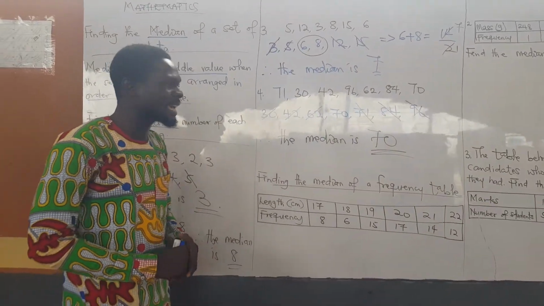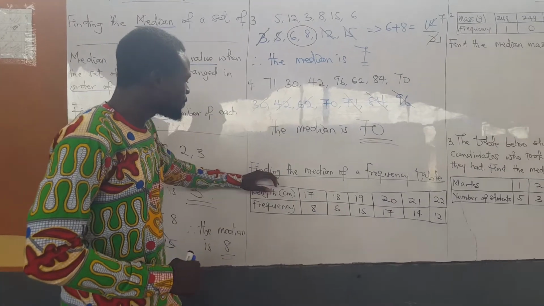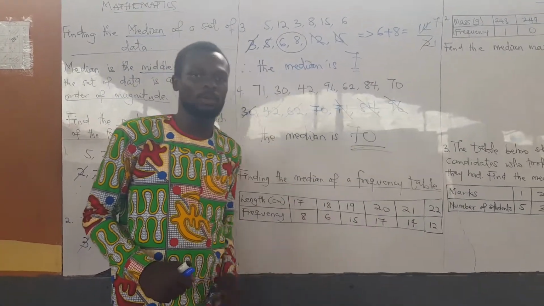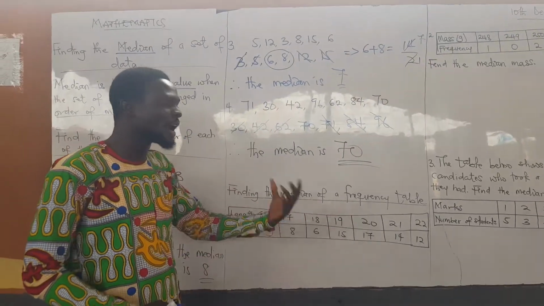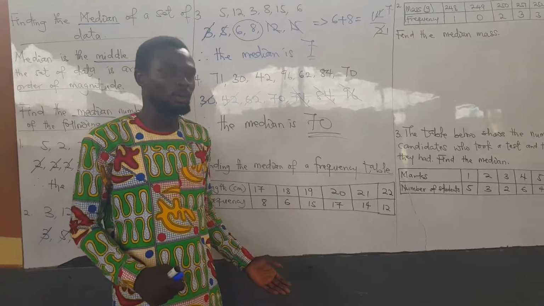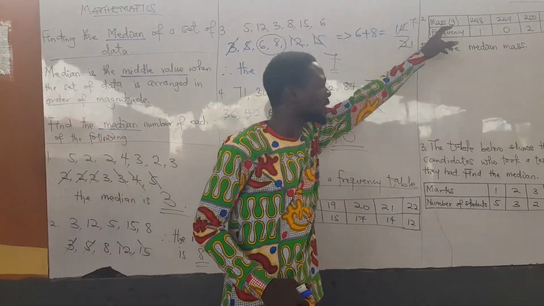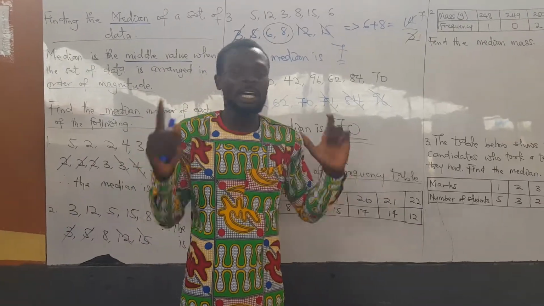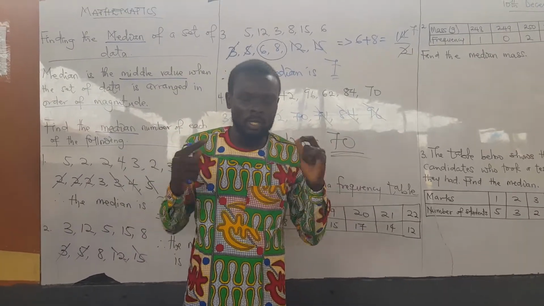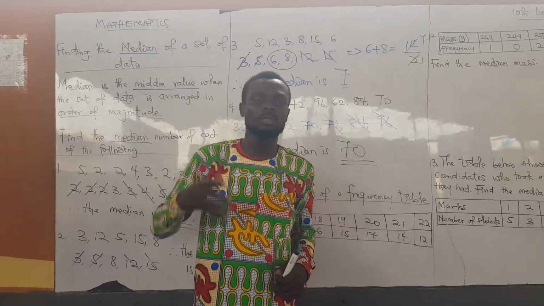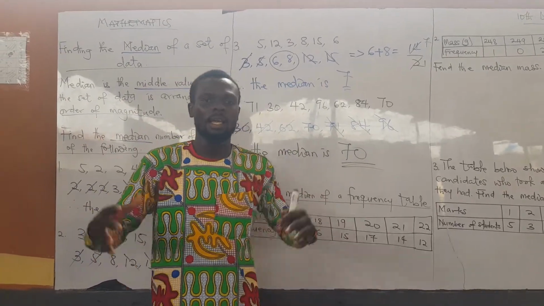Now let's look at the second half, the last one: finding the median of a frequency table. How can we find the median when we have a frequency table? All these tables, and the one we did last week, are grouped. After looking at the mean, God willing, next week we'll look at ungrouped data: how to find the mean, the median, and the mode.